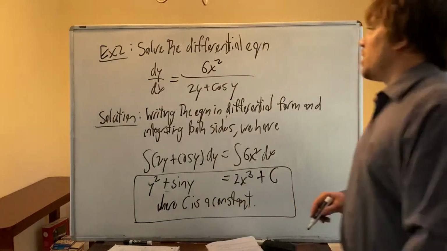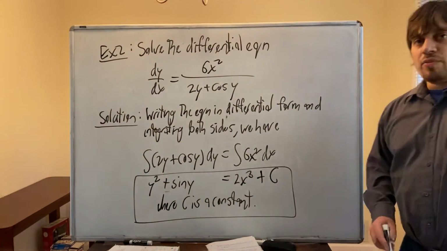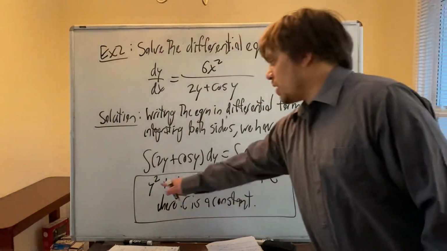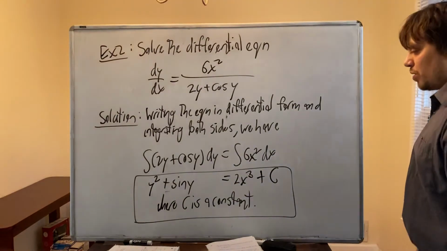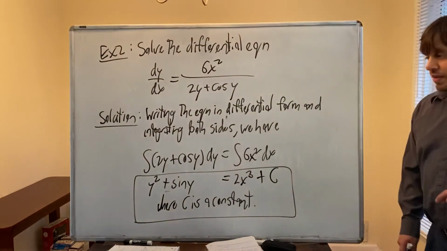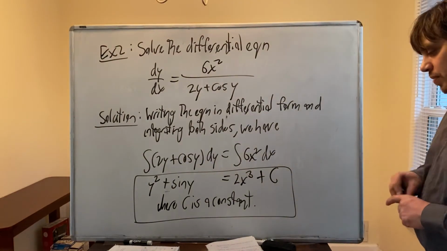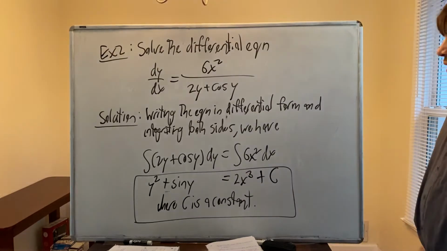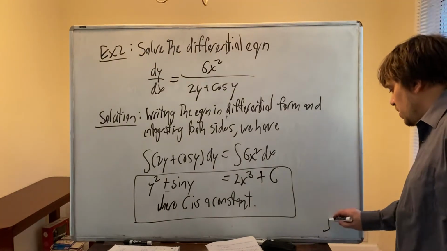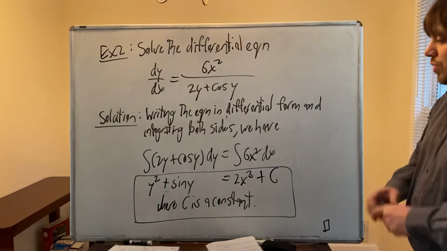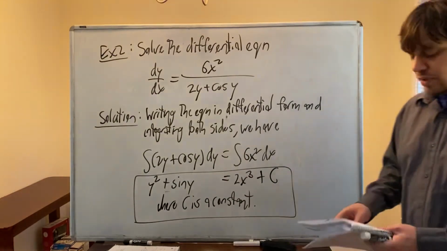Okay, solve the differential equation. We solve for y implicitly in terms of x as y squared plus sine y equals 2x cubed plus c, where c is any constant. And so we've now solved that separable differential equation also.